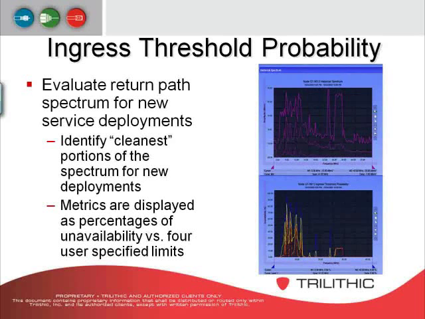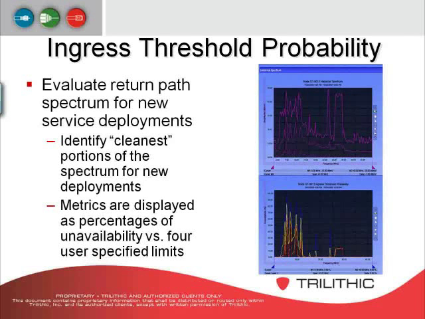So it gives an ingress threshold probability, evaluates the return path spectrum for new service deployments. So this will identify the cleanest portions of the spectrum for new deployments, similar to what I was showing you on the waterfall graph.